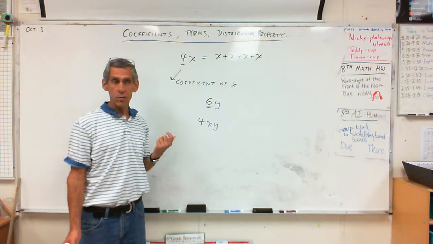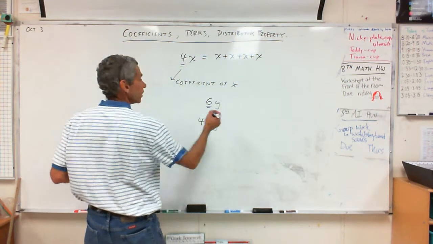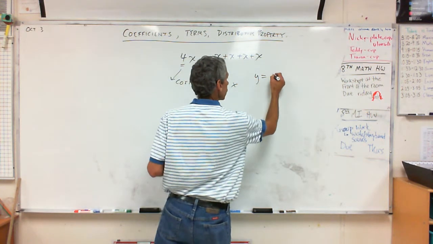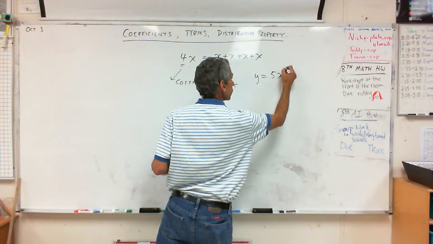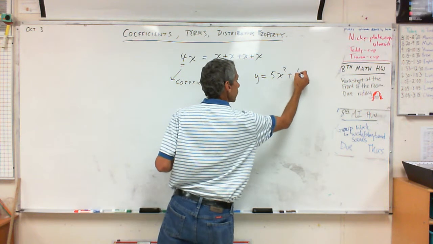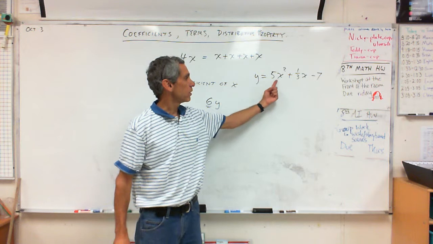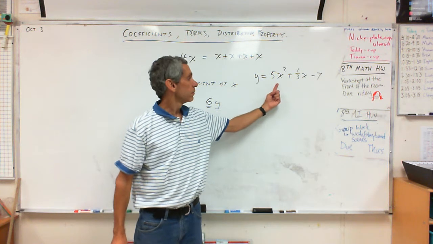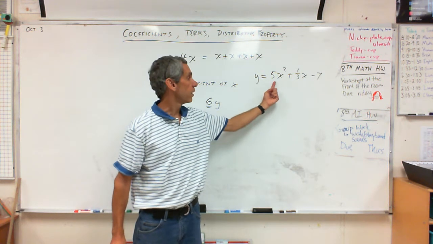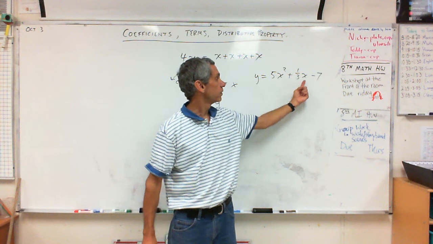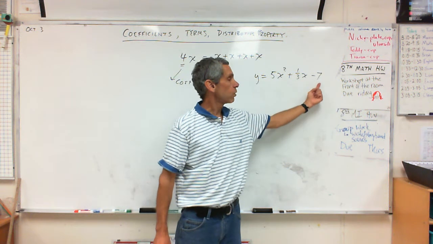Okay? So, if I wrote this amazing equation, y is equal to 5x squared plus 1/3 x minus 7, what is the coefficient of this term right here? 5. What's the coefficient of this? 1/3. What's the coefficient of this?